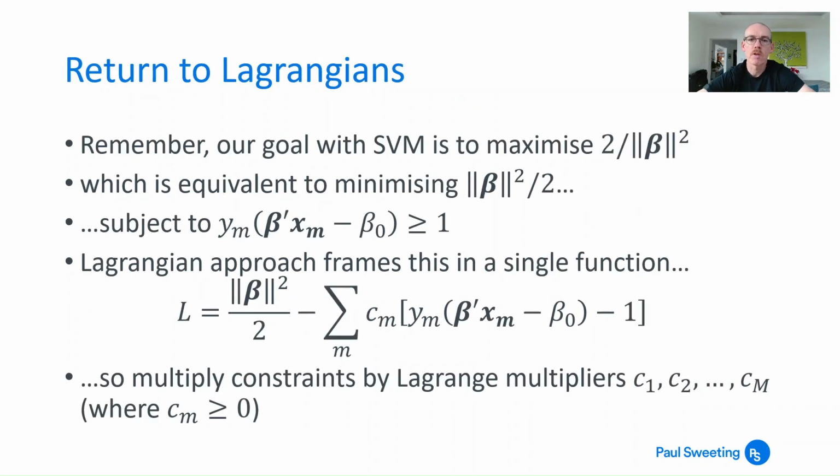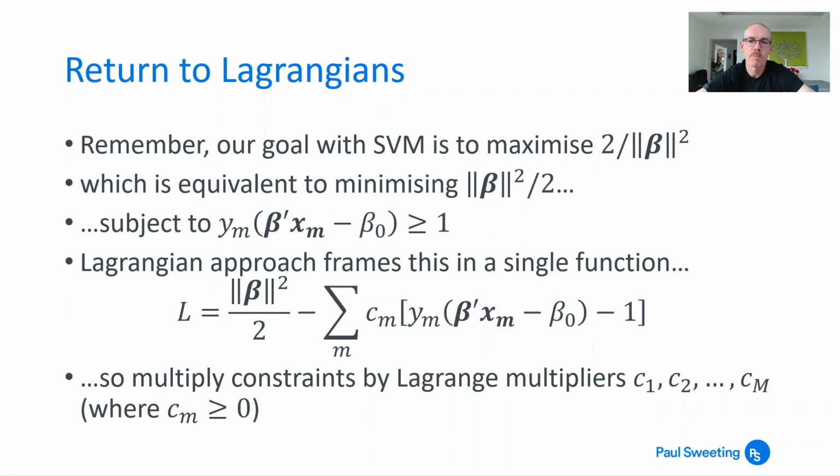Now, remember, our goal with SVM is to try to maximize 2 over root beta squared. We're trying to maximize the size of that margin that we've got. And this is equivalent to minimizing root beta squared over 2, subject to ym times (beta transpose xm minus beta naught) being greater than or equal to 1.